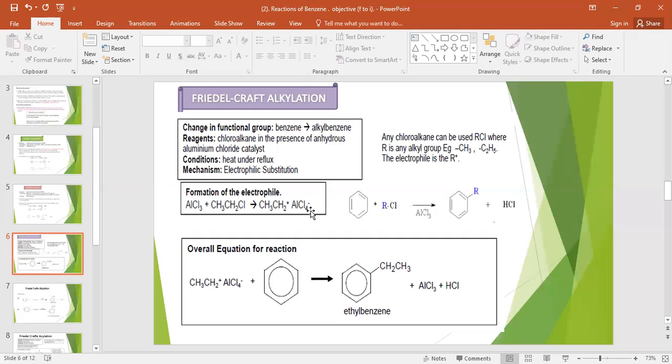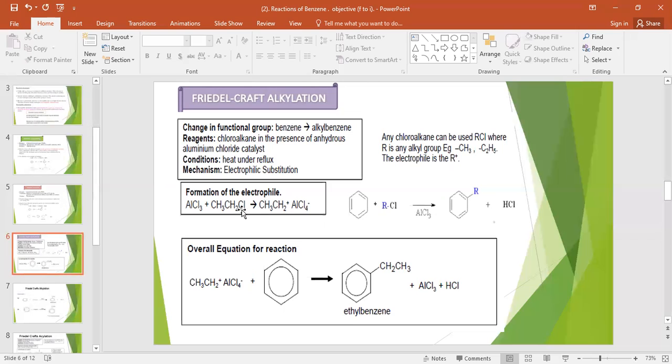Before it was AlCl3, now AlCl4 negative, meaning you get one extra chlorine atom from the chloroalkane. Now here CH3CH2 positive: this positive species is the electrophile for alkylation.